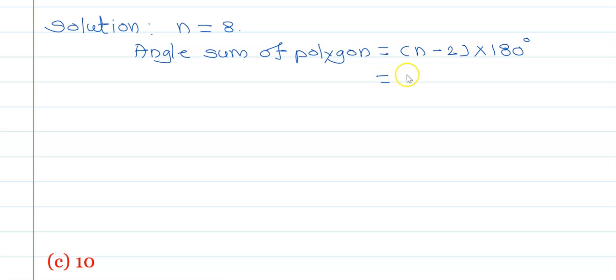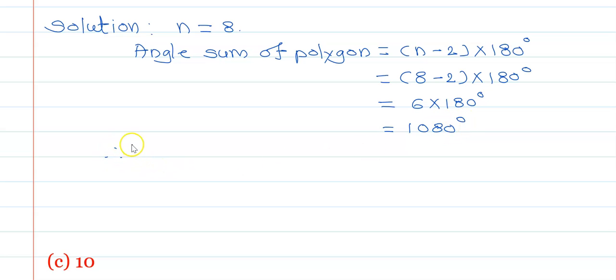Substitute the value 8 minus 2 into 180, and here we get 6 into 180, and therefore you will get here 1080, and therefore I will write here angle sum of polygon is equal to 1080.